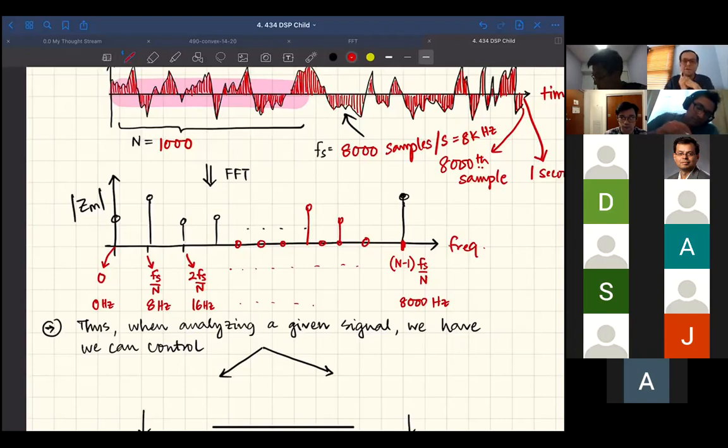Things will still become clear with an example, but just stay with me. I hope this already gives you the separation between Fs and capital N.